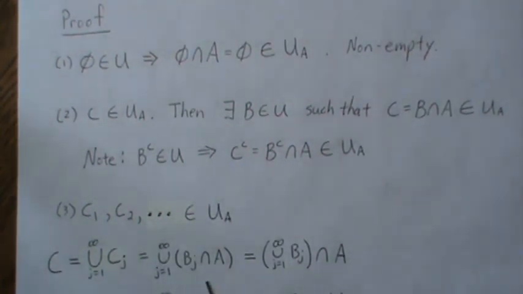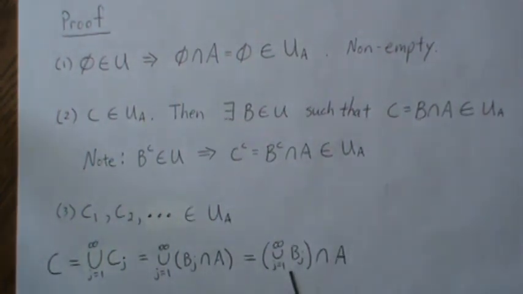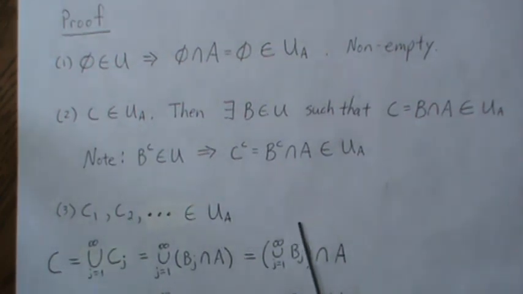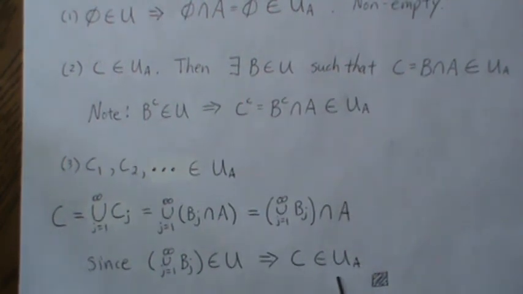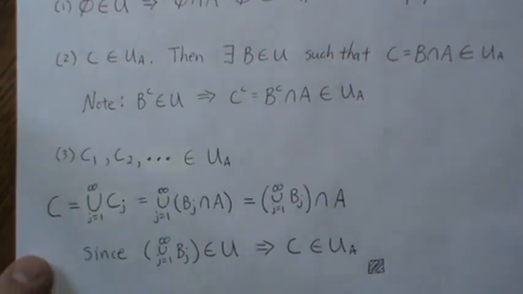Well, since intersection is distributive over union, we can rewrite this as A intersect these unions. Well, this is a set in our original sigma field. So that means this set, which is C, has to be in UA. And since this is in our original sigma field, and we intersected it with A, that implies it has to be in UA, our new sigma field.